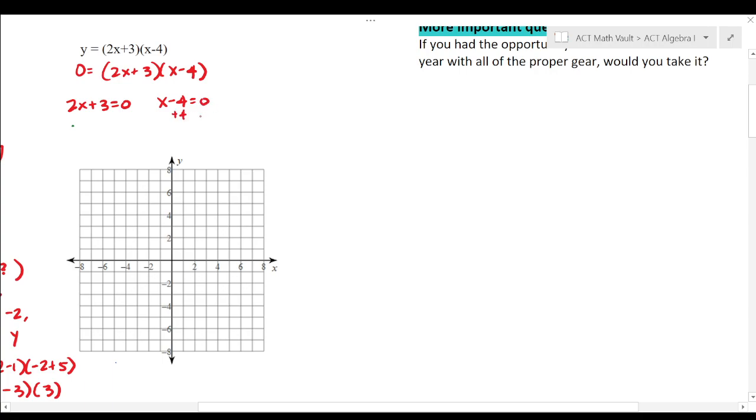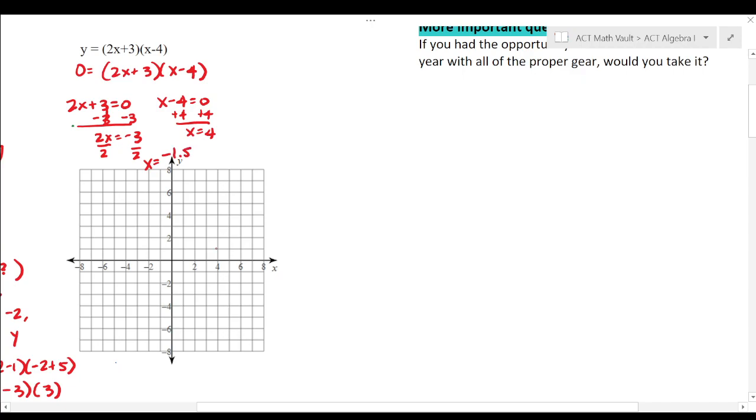This one, I'm just doing quick math: x equals 4, right? This one I need to take slowly and make sure I don't mess up any negatives. That x is not going to hit at a nice, happy integer number. It's basically -1.5.